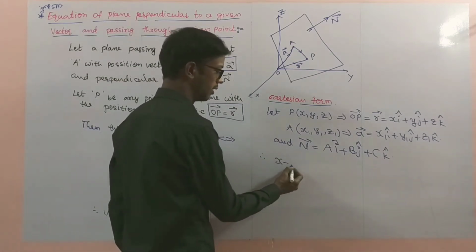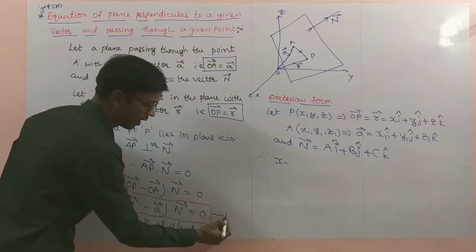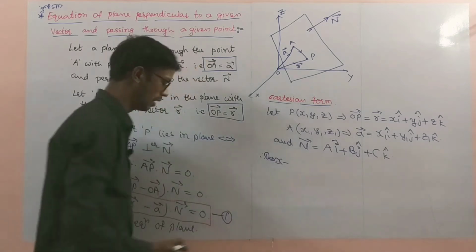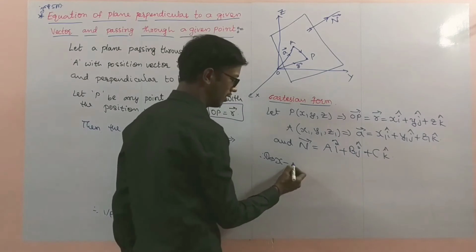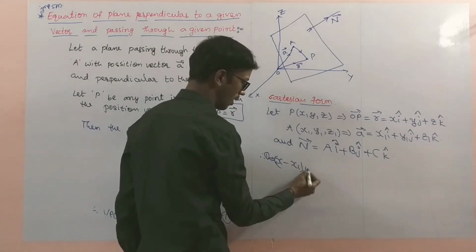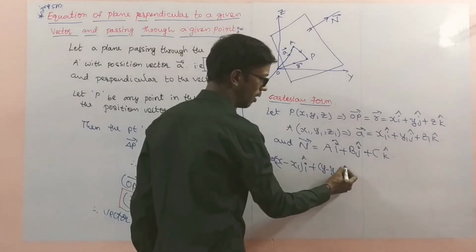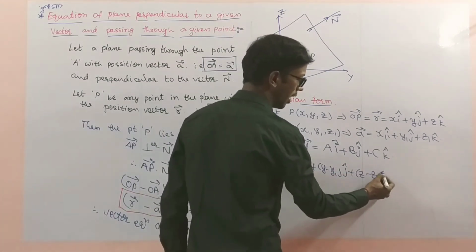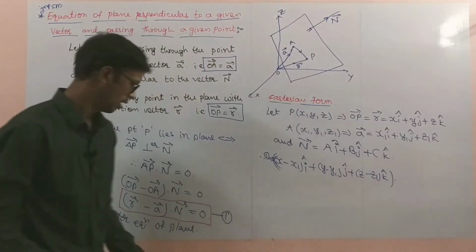X minus R bar minus A bar. Here take as equation 1. Equation 1 implies R bar minus A bar is (X minus X1) I cap, (Y minus Y1) J cap, (Z minus Z1) K cap, dot product with N bar.